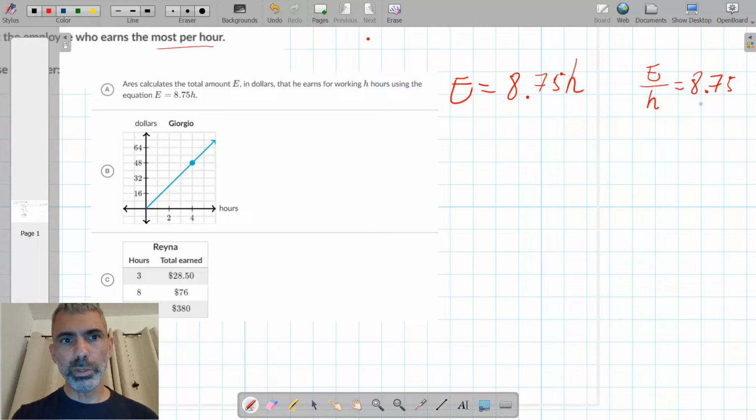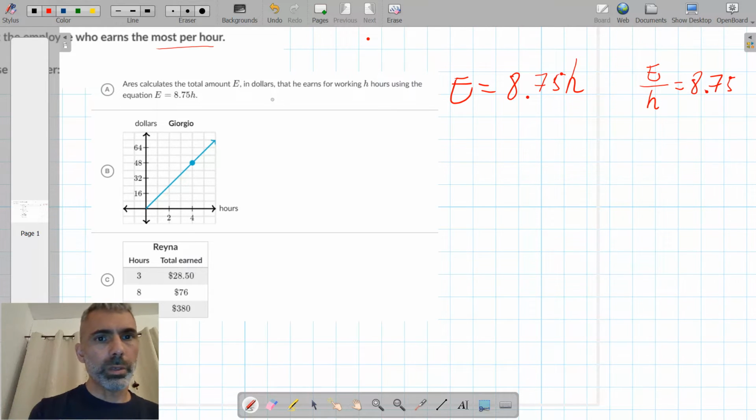So 8.75 represents the amount of dollars he gets per hour. So Iris earns 8.75.